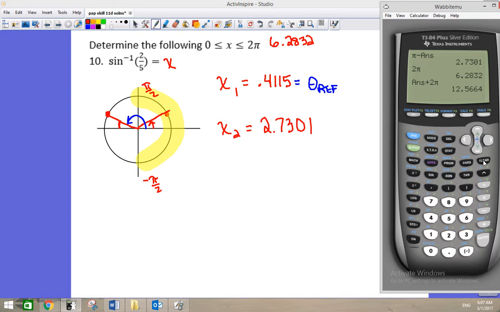So if I want to check these answers, I can take the sine of either one of these, and I should get something that's approximately 0.4, because 2/5 as a decimal is 0.4. So if I check this other one, both of those are the solutions to this problem.